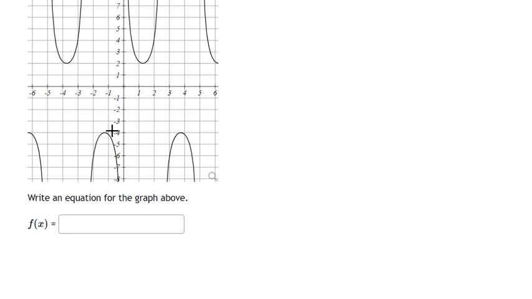So we take a look here at what we've got, and the first thing right off the bat that I want us to remember is what is the general shape of our secant and cosecant graphs. So remember that secant generally looks like this.